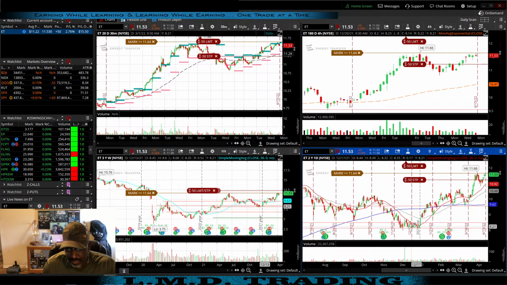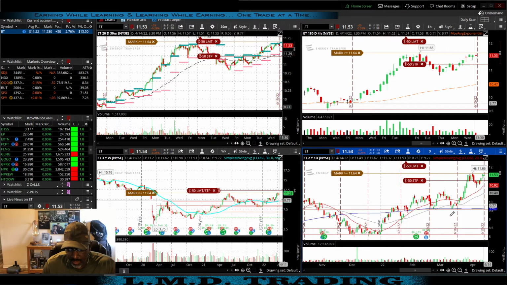Another thing that stood out was if we come down here and look at the volume, we see that it had been low volume, and then we got this giant green candle spike. So we'll just start paying attention from this point on. Right there, we had a lot of volume come into this stock.